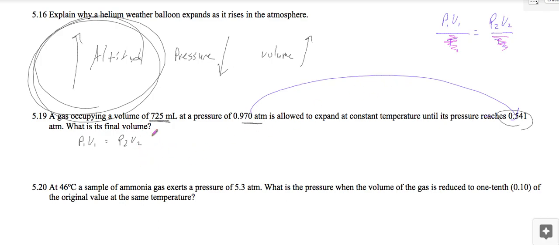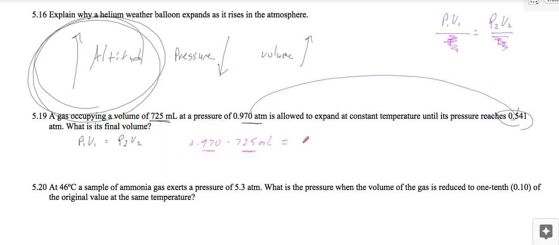All right, now we can plug things in. Pressure of 0.970 and 725 milliliters. Notice, guys, I did not change the units on either of these. When we're dealing with a relationship like this, we just need to make sure that we keep the same units on both sides, and that's because of the metric system.